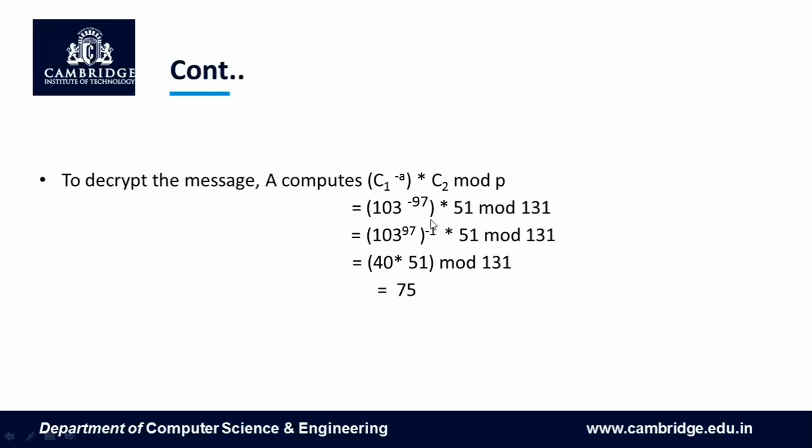The inverse of that number mod 131 will give you 40. That means the inverse mod 131 of whatever number you have calculated will give you 40. 40 times 51, as it is, you write down mod 131. 40 times 51, performing mod 131, will give you the remainder as 75.